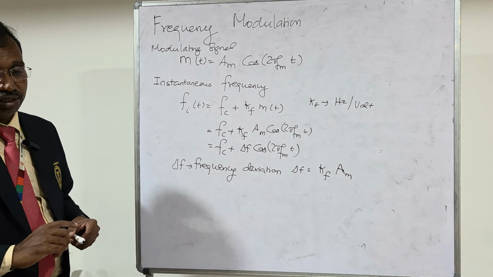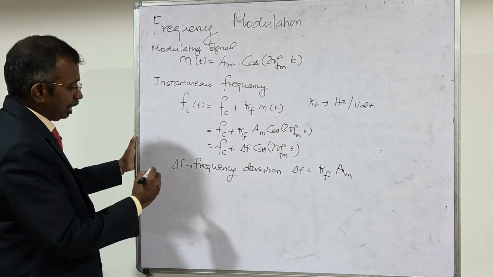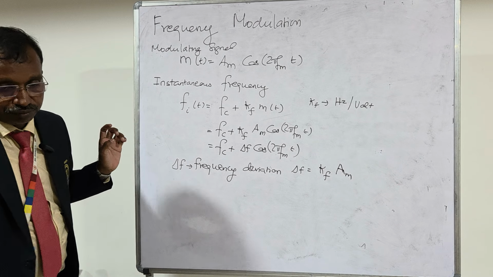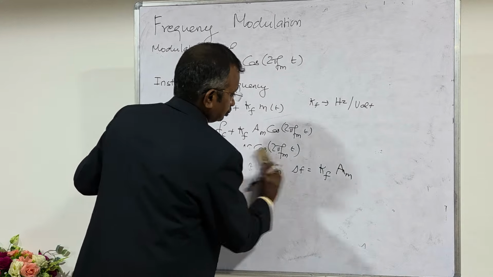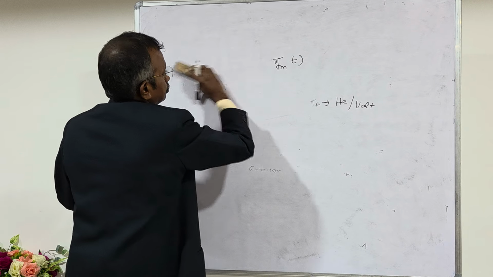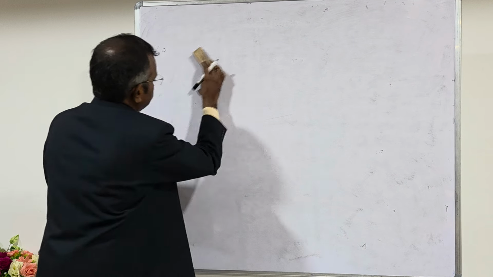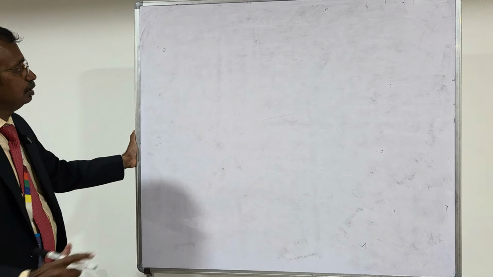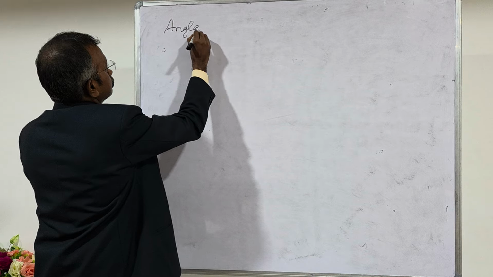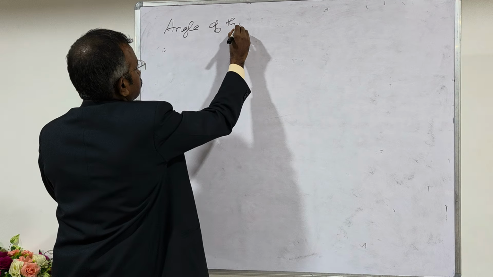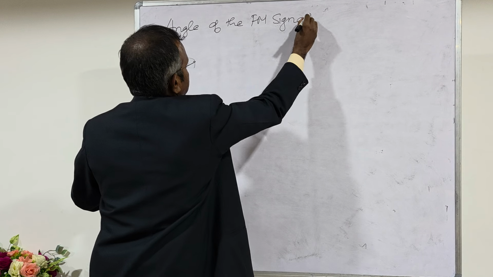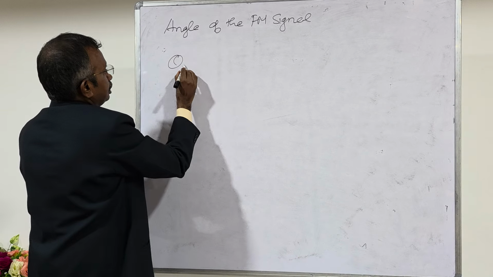Then the angle of the FM signal is given by theta i of t.